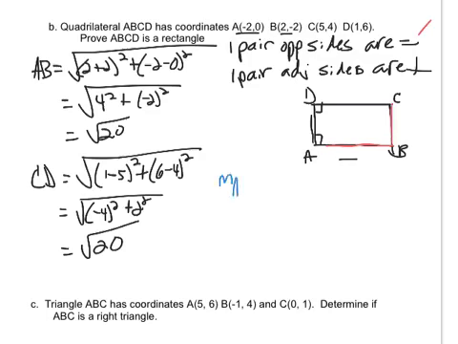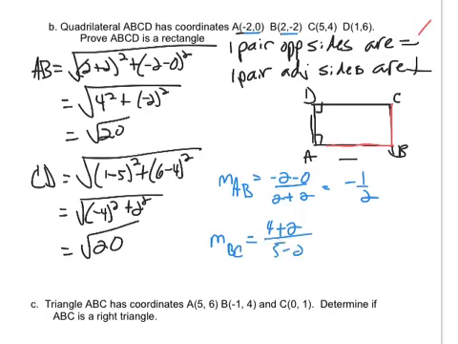So the slope of AB, if I look at my coordinates, here's A, here's B, it's going to be negative 2 minus 0 over 2 minus a negative 2. That ends up being negative 2 over 4, so negative 1/2. The slope of BC is going to be 4 minus a negative 2 over 5 minus 2.